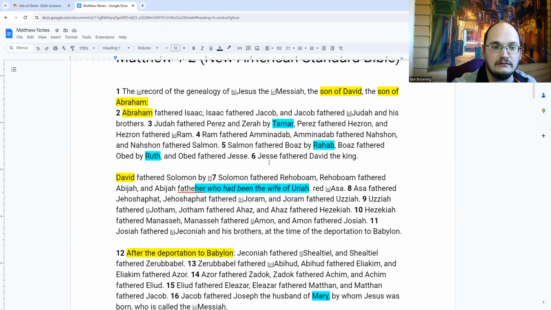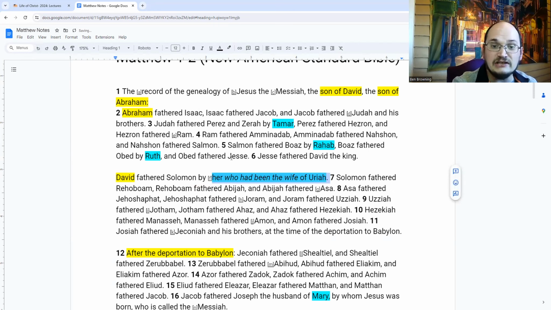Necessarily, all of these men are Jewish, yet it seems like these women in particular are actually not Jewish. So Tamar, you have a Jewish tradition that's very strong.